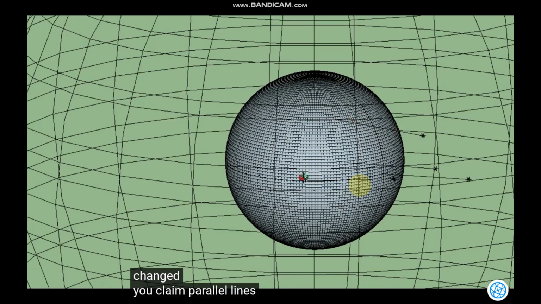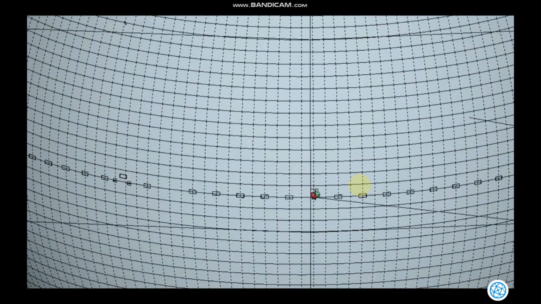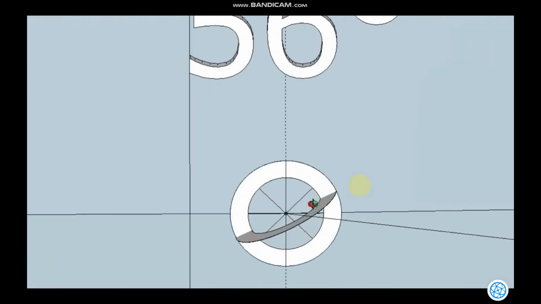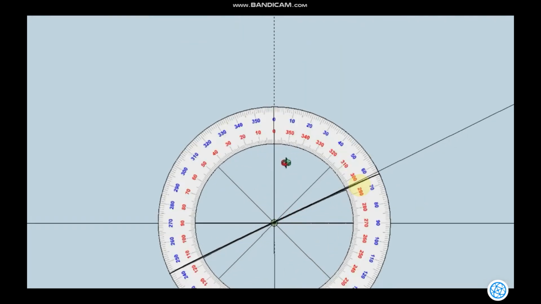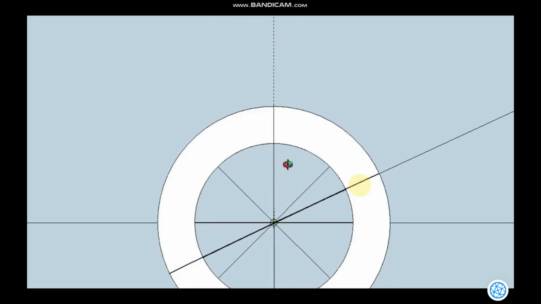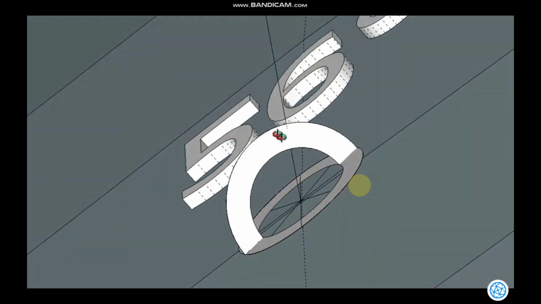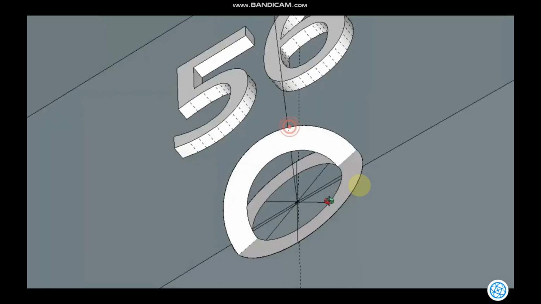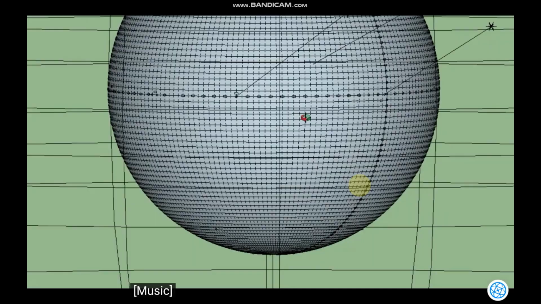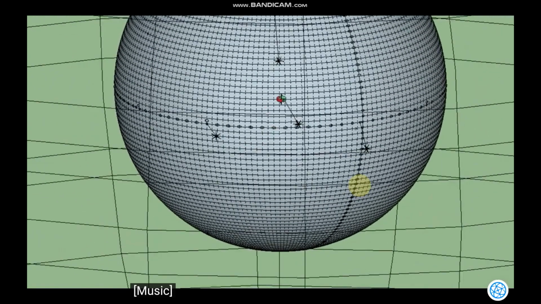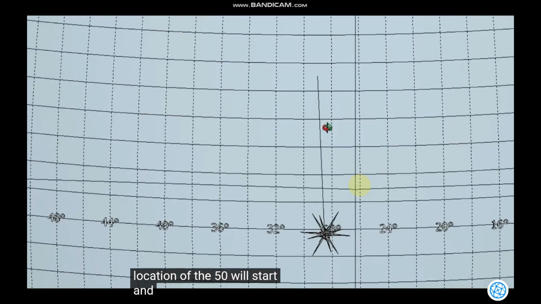You claim parallel lines, let's see that. Location of the virtual star, unchanged.